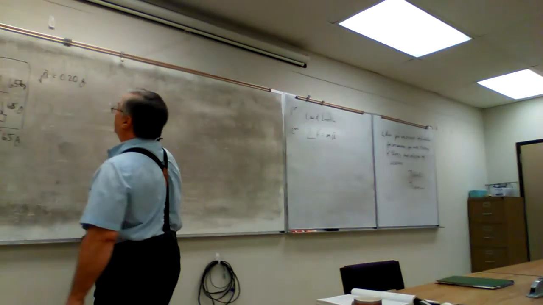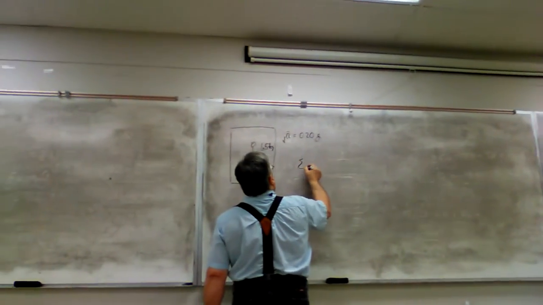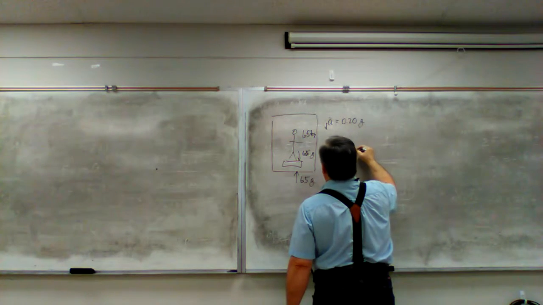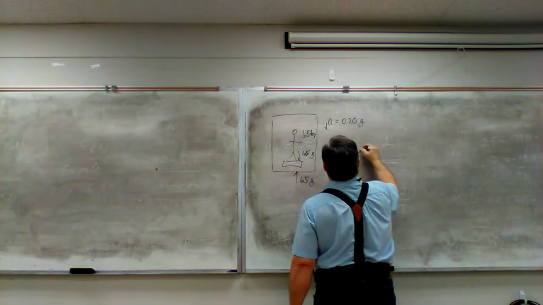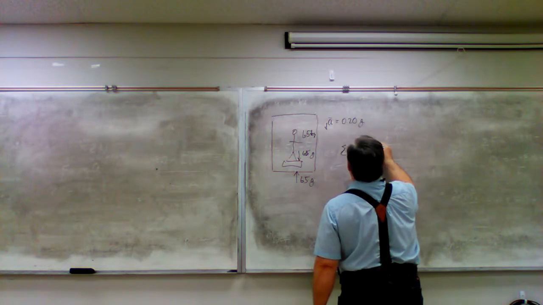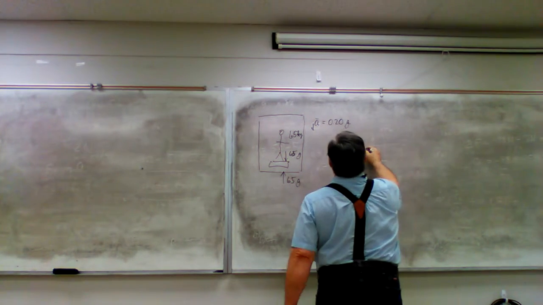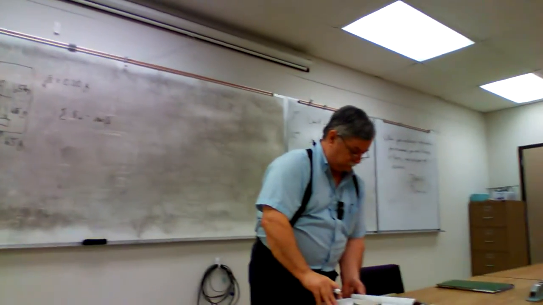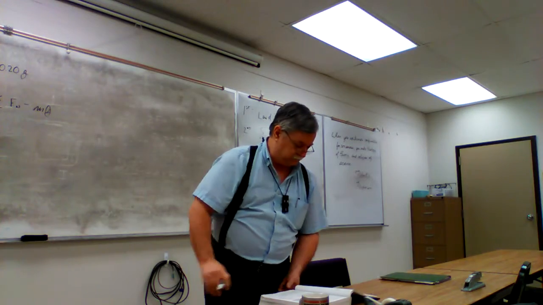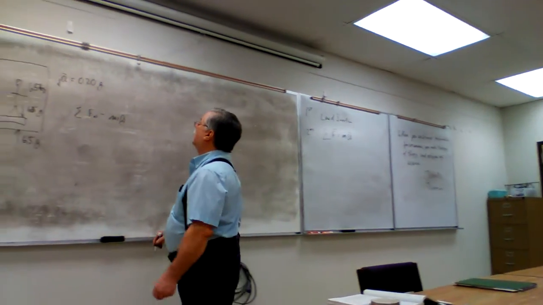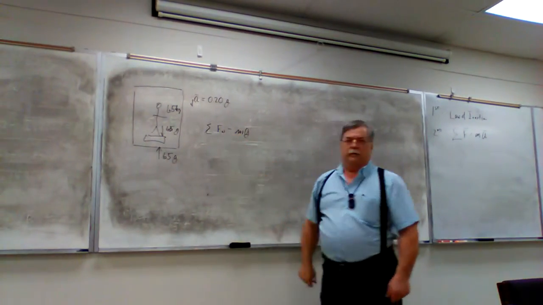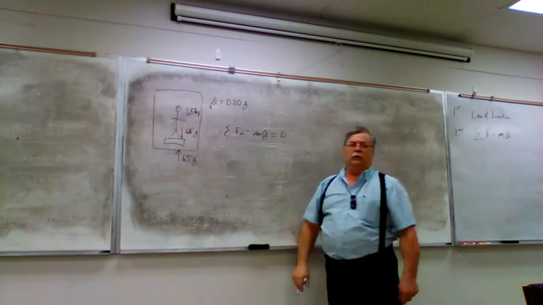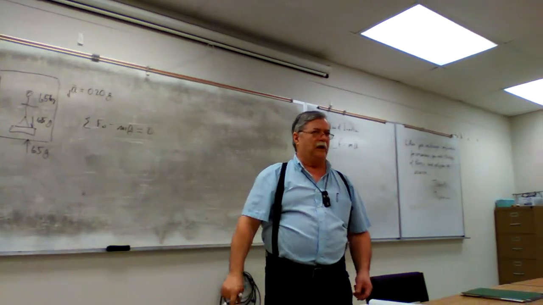So, the sum of the forces is the normal force minus mass times gravity. Am I writing that correctly? Yeah. And that would equal 0 as long as the elevator is not accelerating.